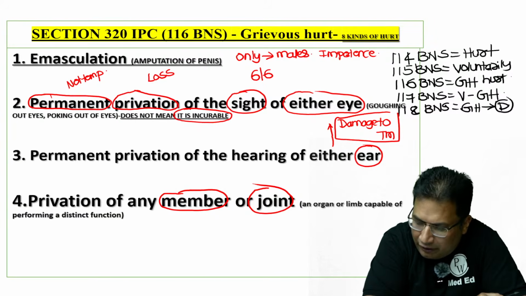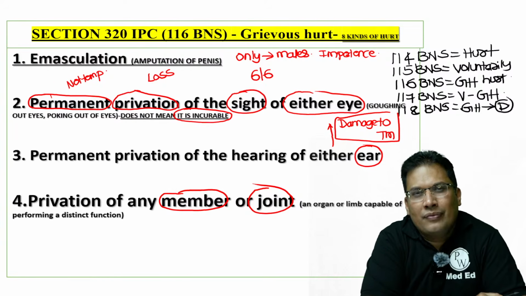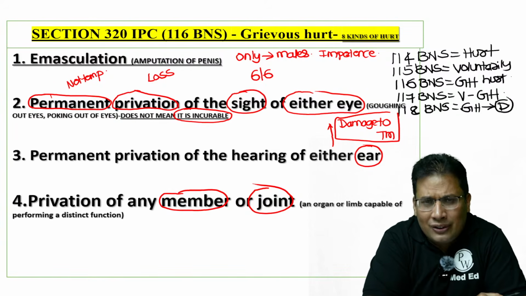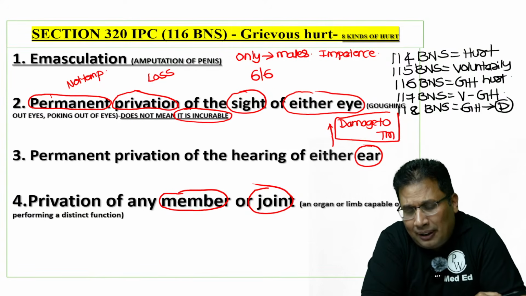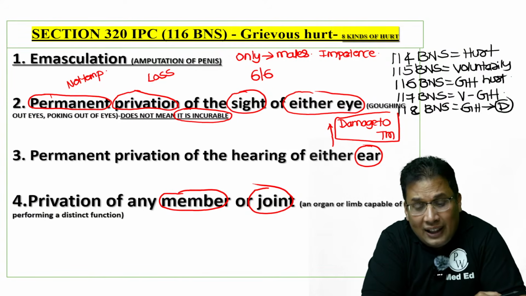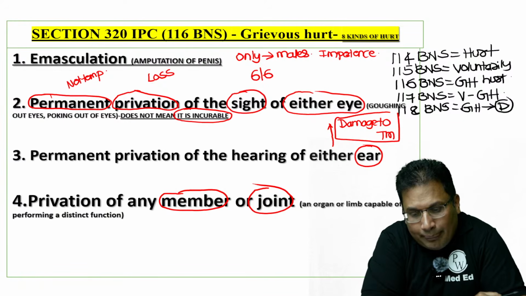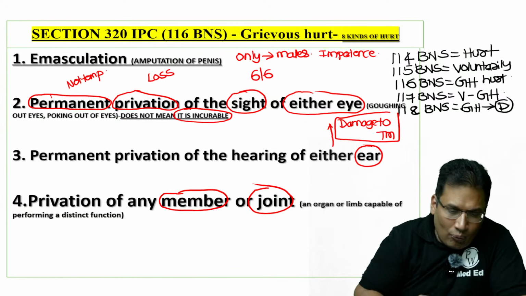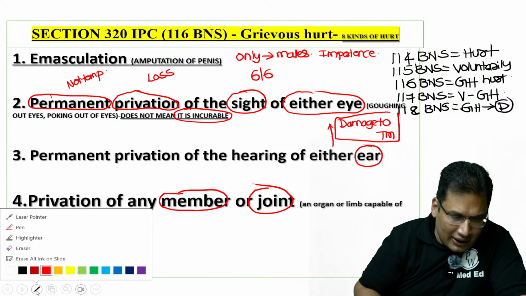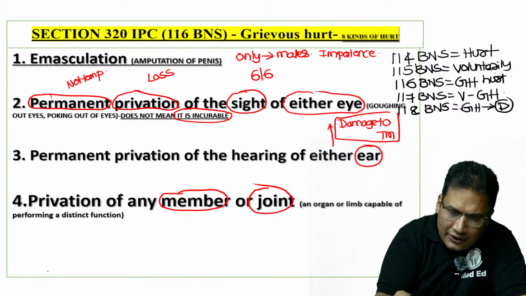Can you give an example for member of the body? The students give examples like liver, spleen, brain and all. So that is not the best example. The member means any organ or limb capable of performing a distinct function. One good example that you can answer in exam is thumb.